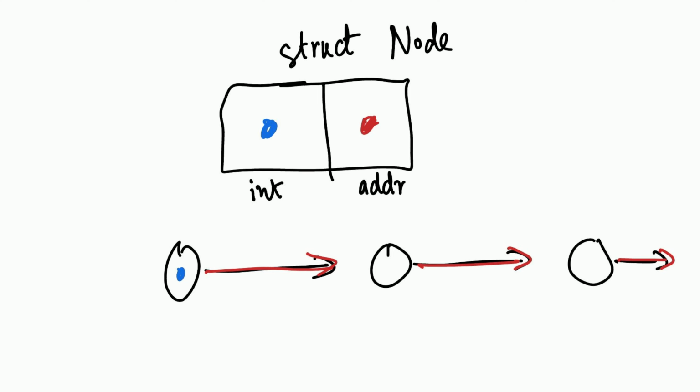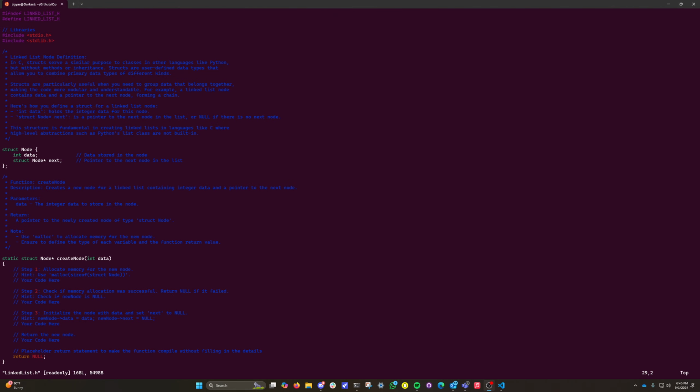Now I'm going to go back to the code, and I'll help you implement this create node function. Look at the steps, see how we're going to implement this, and then the next functions you can implement by yourself.